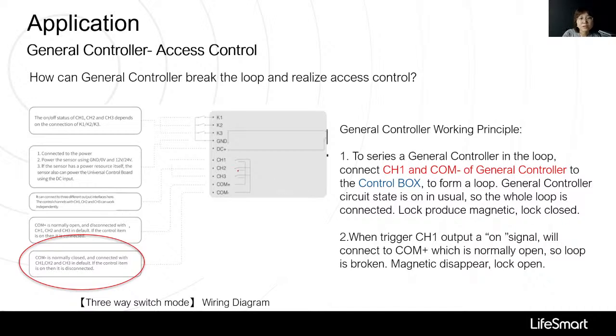And when we trigger the CH1 output on signal, it will connect to the COM plus, and we can see the COM plus is normally open, so the loop is broken and the magnetic will disappear and the door lock will open.